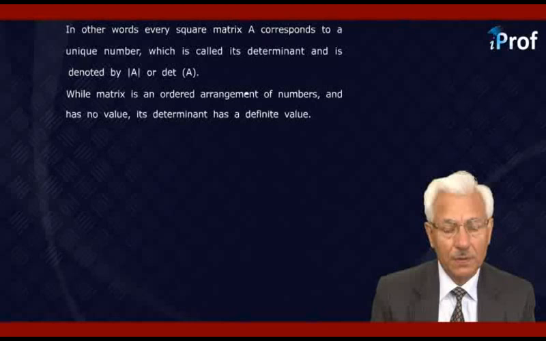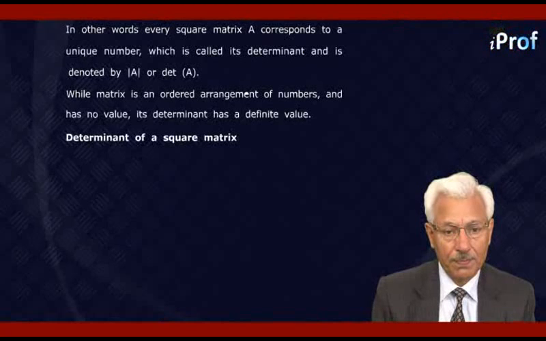Now we find out the determinant of a square matrix. Number 1: let A be a matrix which has only one element. The determinant of A will be the determinant containing only one element a, that is equal to a.